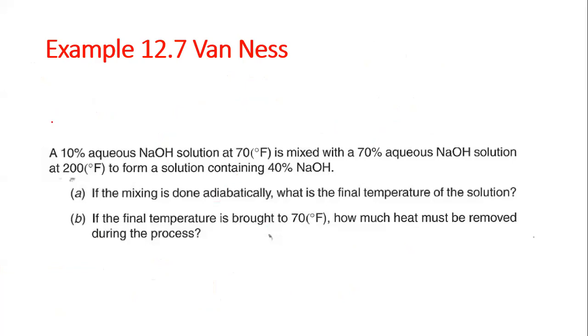Of course, what we solved earlier is still valid. Our feed is still 0.5 pound mass, and its enthalpy is 34 BTU per pound mass. The other feed is still 0.5 pound mass, and its enthalpy, you still remember, is 350 BTU per pound mass.